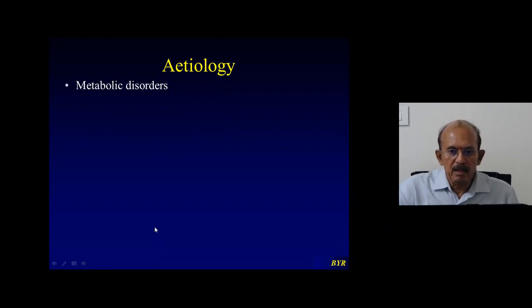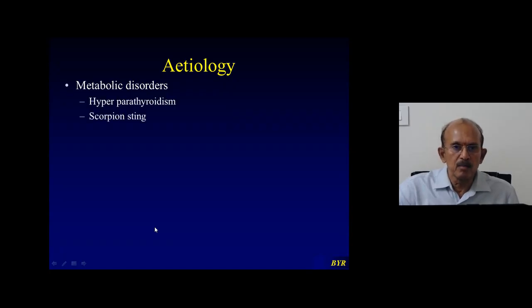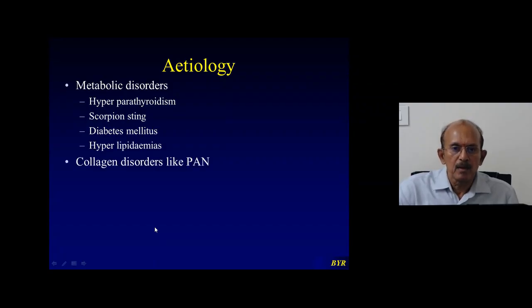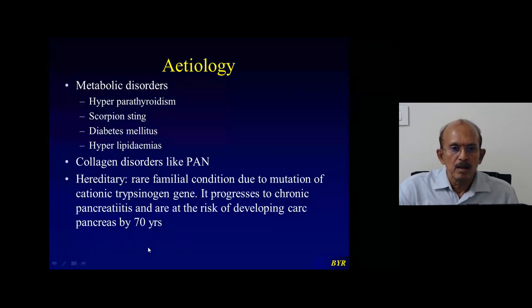Then there are minor or rare causes. There are metabolic disorders like hyperparathyroidism, diabetes mellitus, hyperlipidemia, and collagen disorders like PAN. Hereditary, a rare familial condition due to mutation of cationic trypsinogen gene.